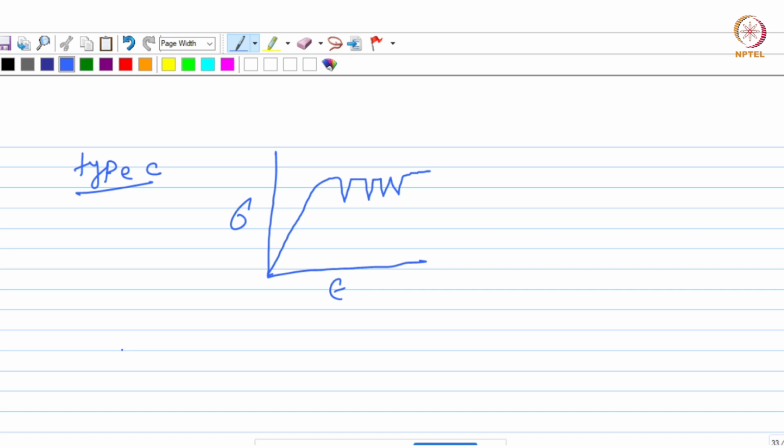So how that particular band propagates, depending on that, you will get one of these types of serrations, type A, type B, or type C. For example, type A occurs when the band moves continuously through the specimen.